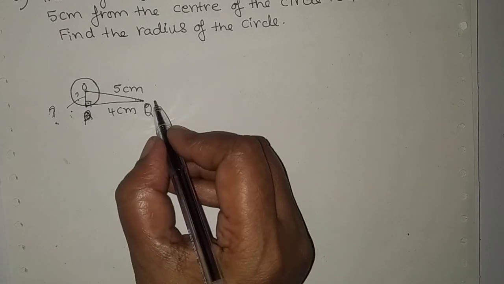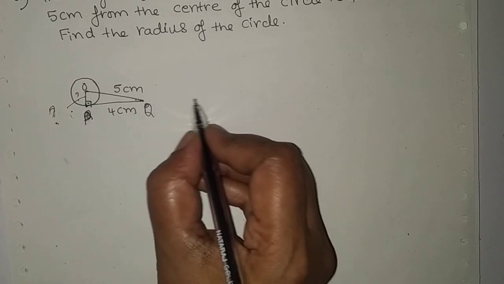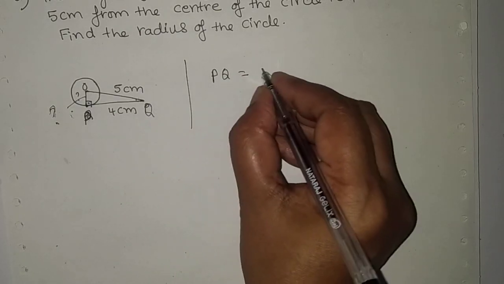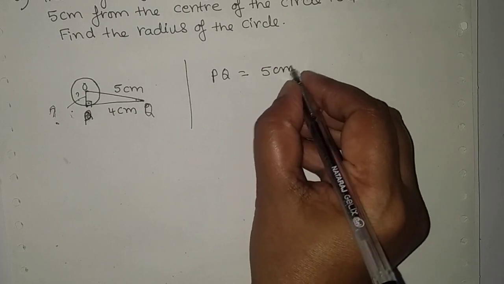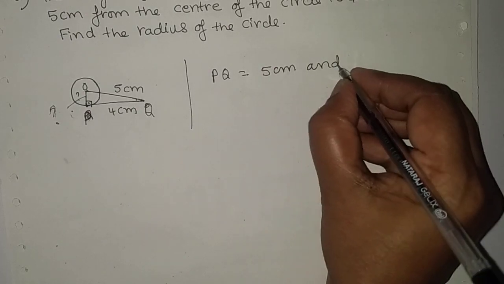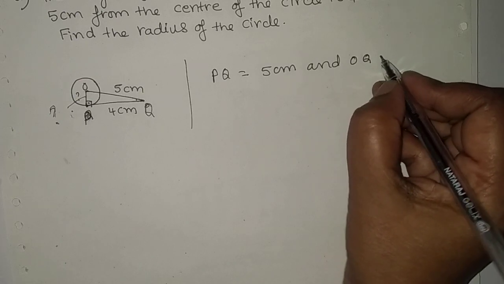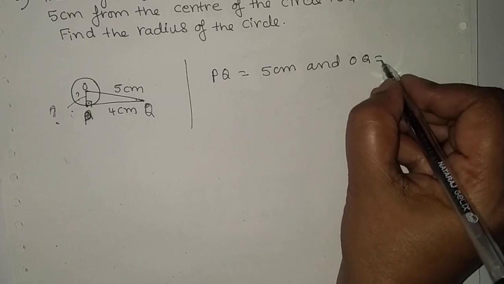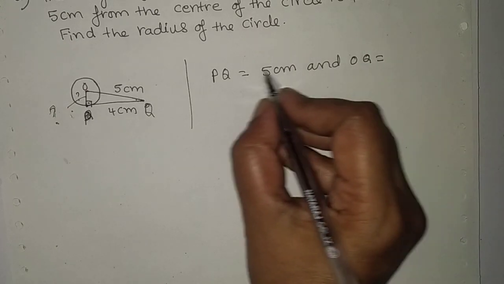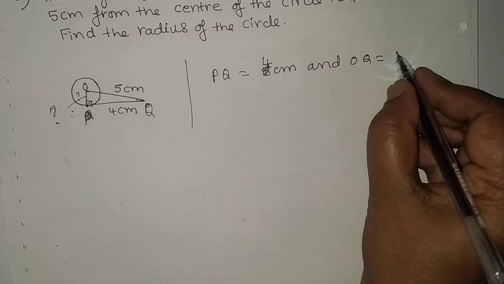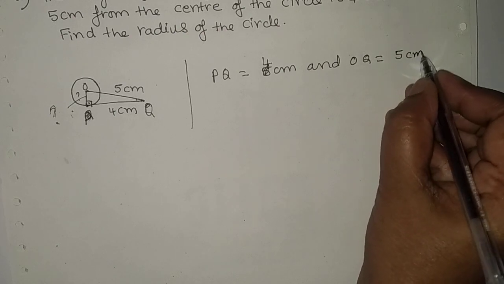So now what is the solution? From the data given, first we write PQ is 4 centimeters and OQ is 5 centimeters.